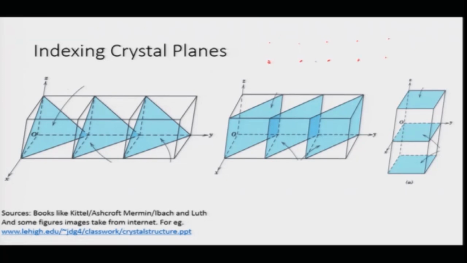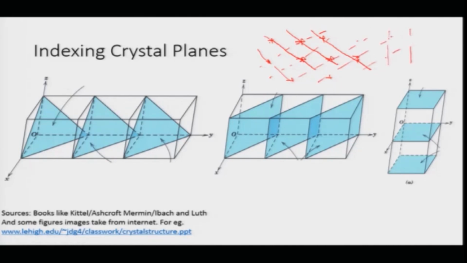a simple lattice in 2 dimensions, I can define different planes of atoms. Okay, I can define a plane of atoms, and these planes are all parallel to each other. One plane of atoms that I can define is like this, and I can go on. I can define another plane which is along this direction, or planes of atoms along other directions, so I can define many different types of planes.